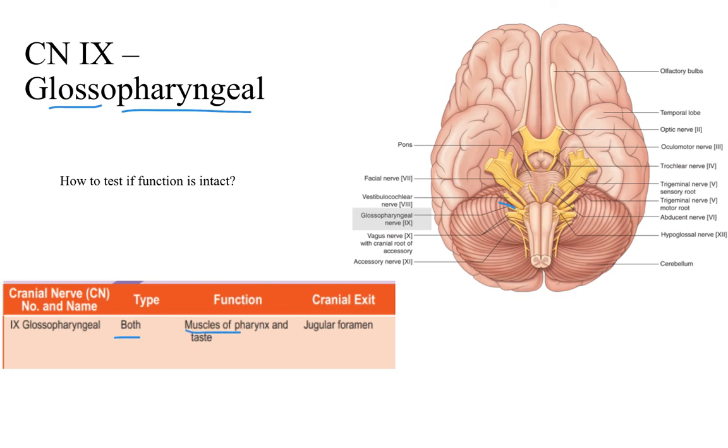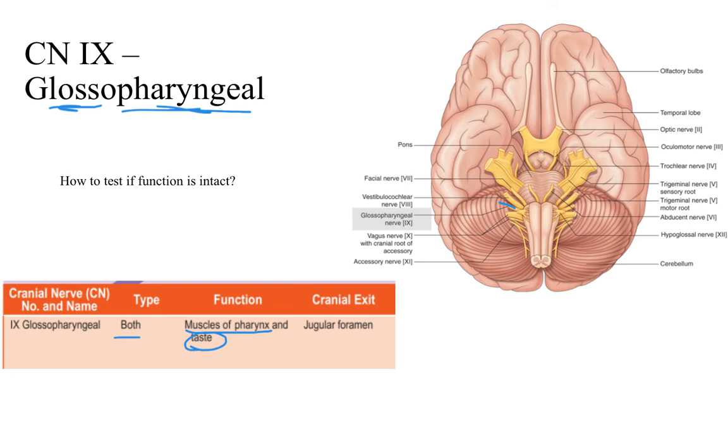Of course, the muscles of the pharynx would allow you to do the swallowing aspect, but it also provides a sensory function of taste on the posterior 1/3 of the tongue. So remember, the facial nerve provides taste for the anterior 2/3 of the tongue, and the glossopharyngeal nerve provides taste for the posterior 1/3 of the tongue. So that's the glossal part, and the pharyngeal part would be the muscles of the pharynx.